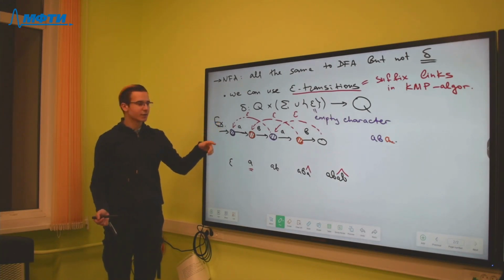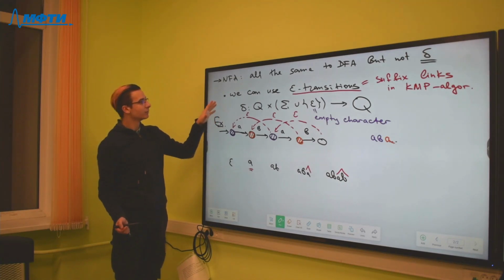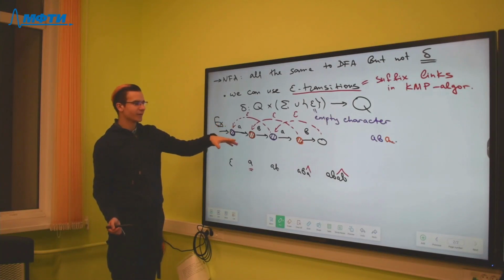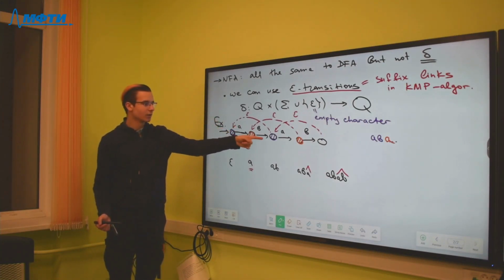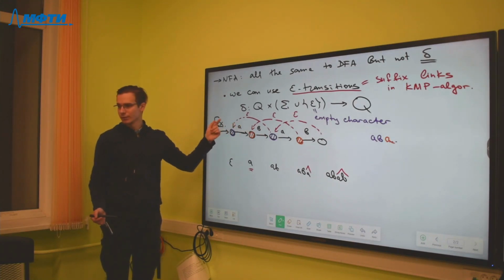And of course, you can face a finite automaton in which there are a lot of epsilon transitions, and you can go through them sequentially too.